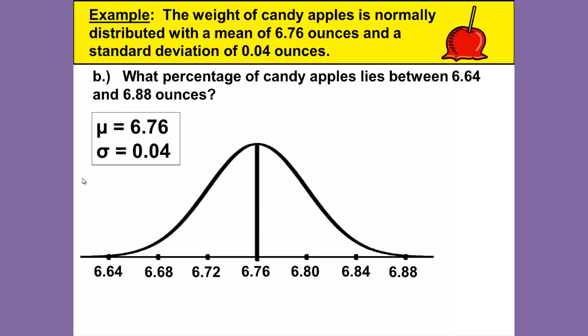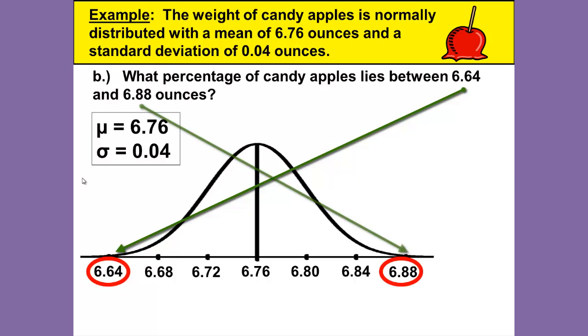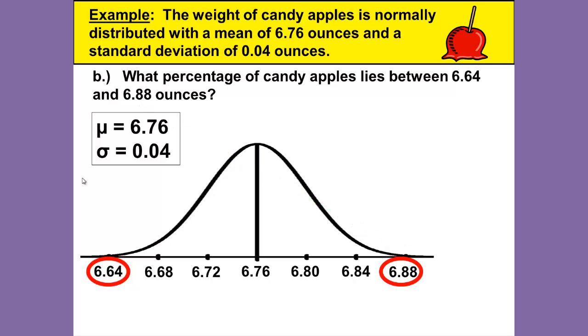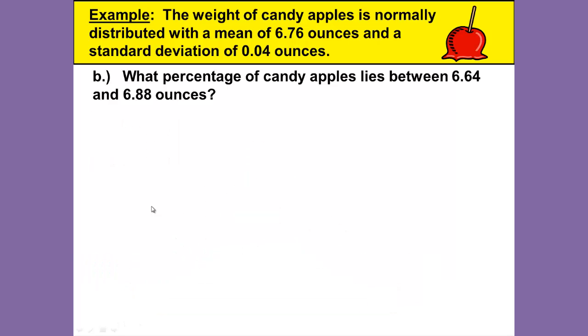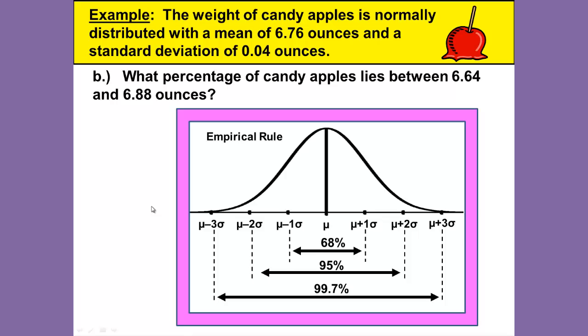So let's look at our graphs and circle those two numbers. 6.64 and 6.88 are symmetrical from the center. They are both 3 standard deviations from the mean. So since we know they are 3 standard deviations from the mean, let's go back and look at our empirical rule.